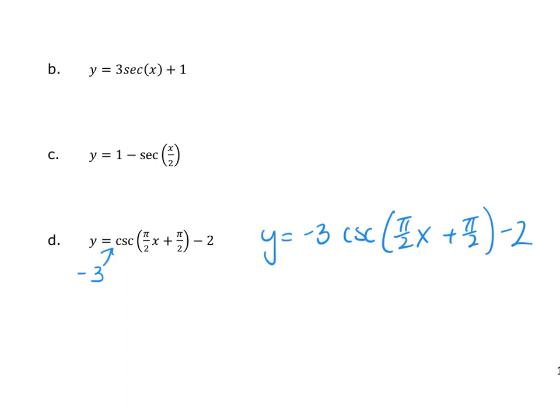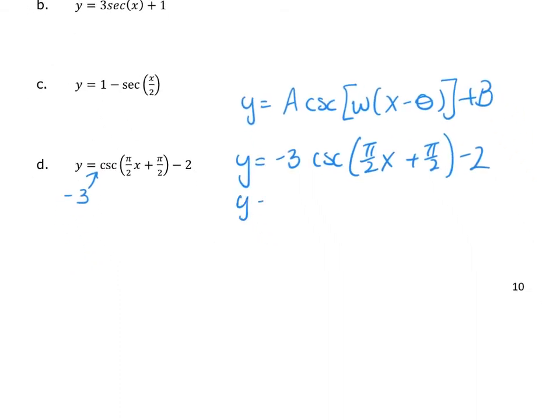I need it to be y equals a cosecant of omega, x minus theta, plus b. Is it in that form? No, it is not. So I have to make it in that form by factoring out pi over 2. So this is going to be y equals -3 cosecant pi over 2, and then x plus 1.